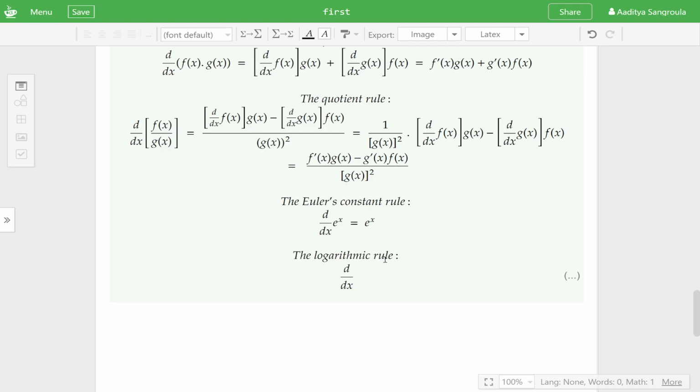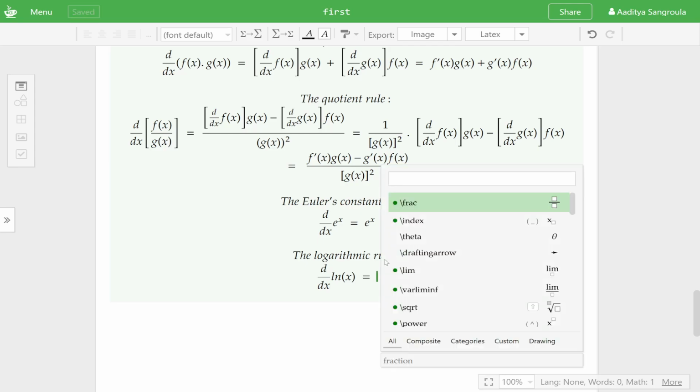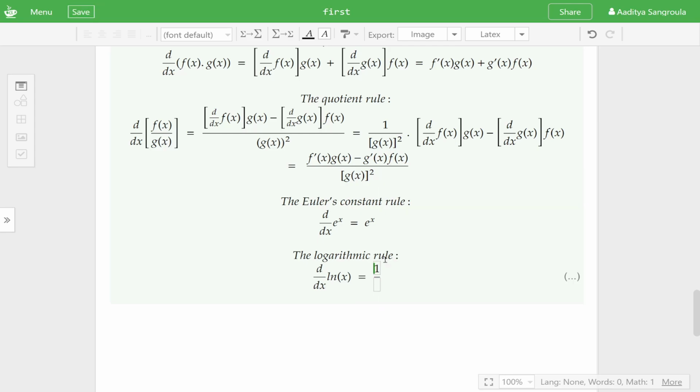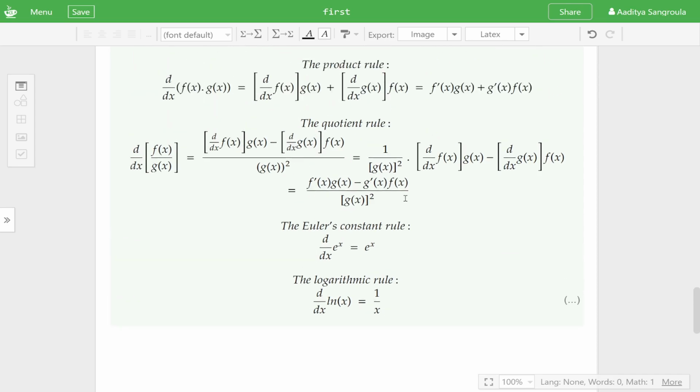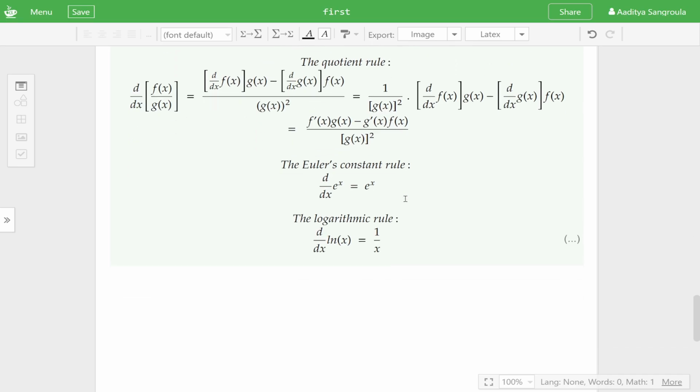The derivative of natural log of x is equal to 1 over x, simply. And there are many more formulas like these.